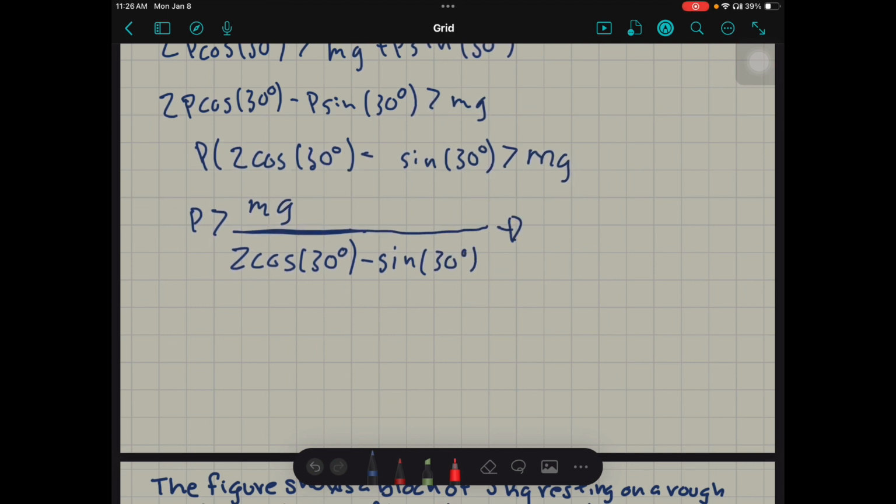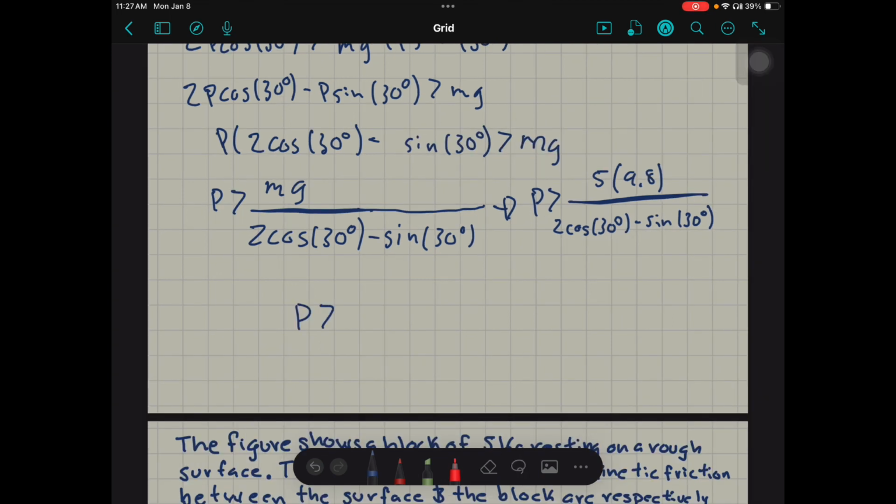This is the equivalent of P is greater than our mass, which is 5 kilograms times 9.8, divided by 2 cosine of 30 degrees minus sine of 30 degrees. Now, when we plug this into our calculator, it needs to be greater than 39.77 newtons.